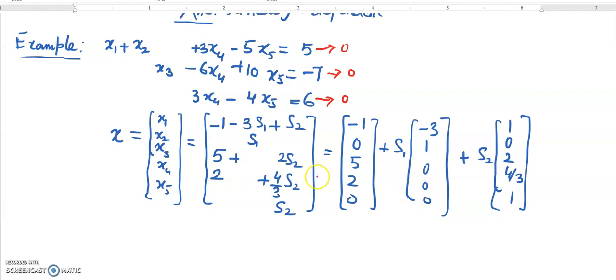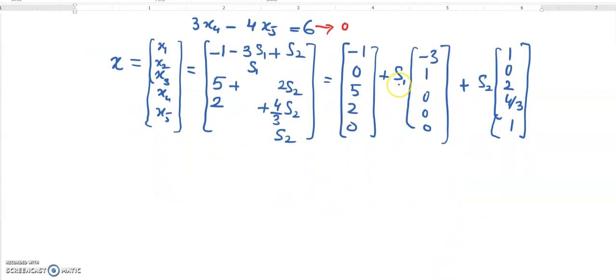So in this case, the solution will be the part where you will have these S1 and S2 values. So if we call this the general solution, the homogeneous solution will be a part of the general solution.